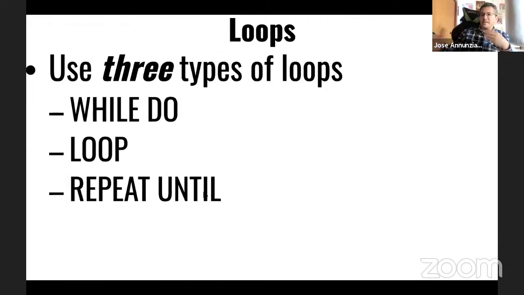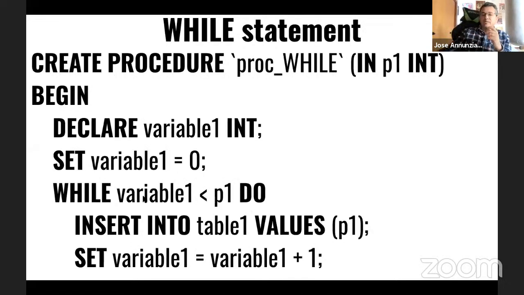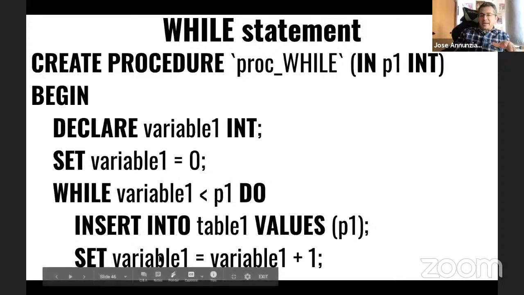Repeat until is the opposite. The repeat until allows you to execute the body of the repeat until at least once. Whereas with the while do, you first need to pass the hurdle of this predicate being true, so that you can enter the body of the while.